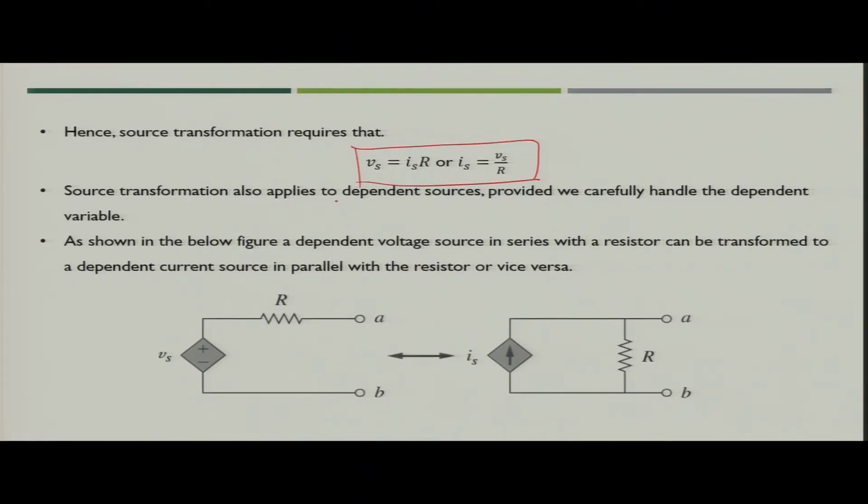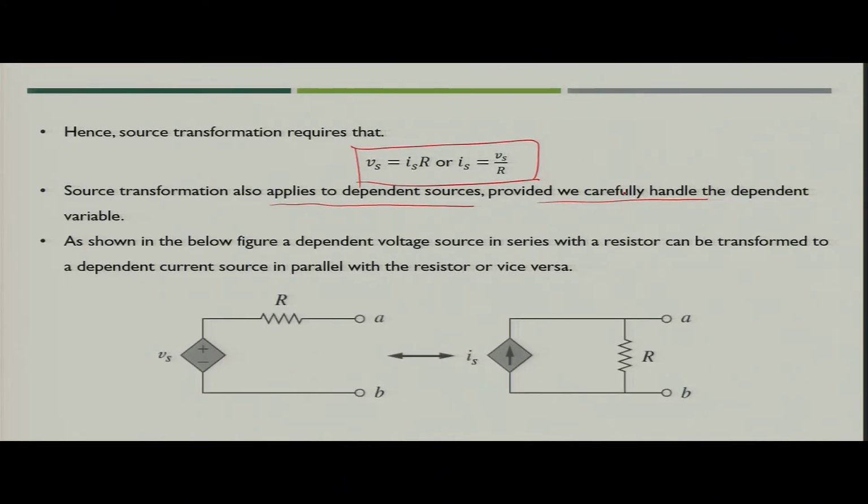Now, source transformation can also be applied to dependent sources, that may be a dependent voltage source or a dependent current source, but we have to handle this carefully because of the dependency of these sources on some voltage or current variable through some other element.